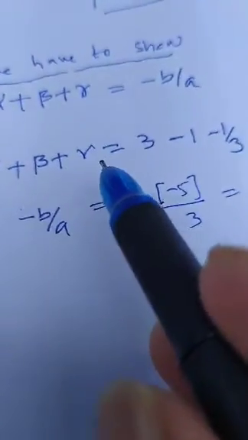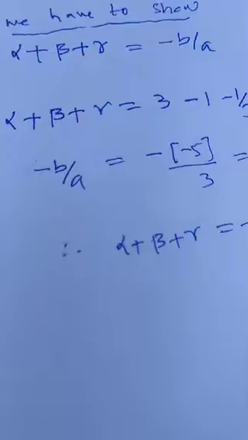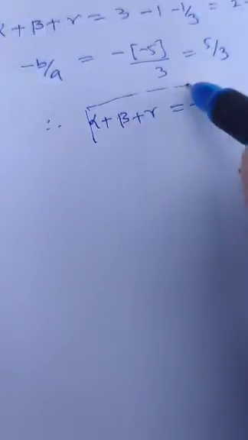I found alpha plus beta plus gamma is 5 by 3, and the right hand side, minus b by a, is 5 by 3. So you can check that alpha plus beta plus gamma is equal to minus b by a. Like this you have to prove: find LHS and RHS separately, then show they are equal.